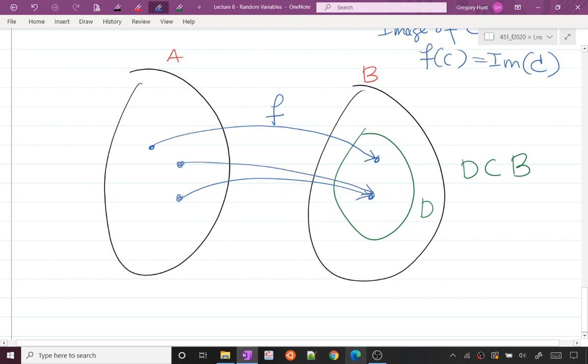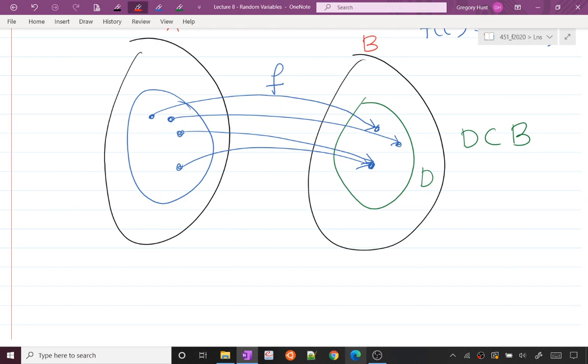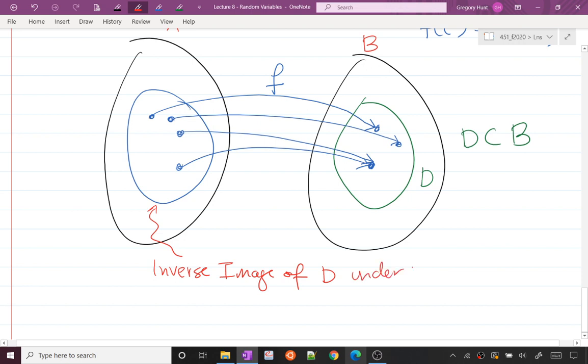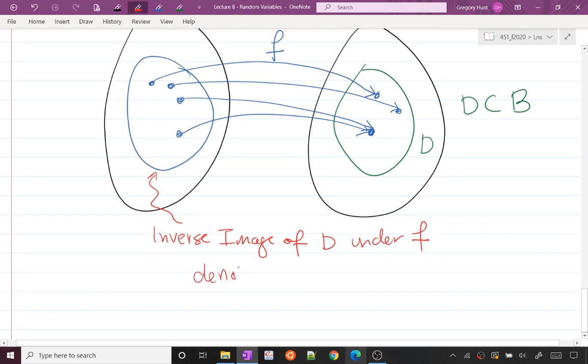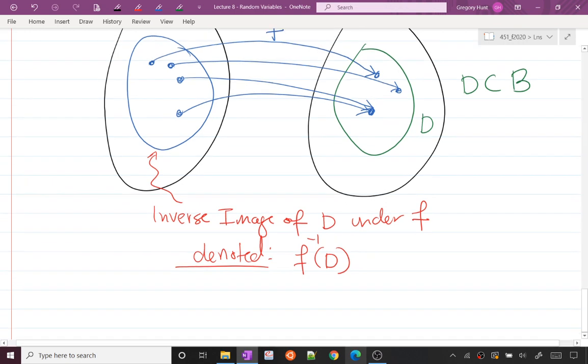Now it's possible there are multiple points in A that map to the same point in D, but I look at all points in D and find correspondingly all the points in A that map to D. This set is called the inverse image of D under F. And typically we denote this as F inverse of D. Again, a little bit of abusive notation, since inverse functions may or may not exist here, but that's what we do.